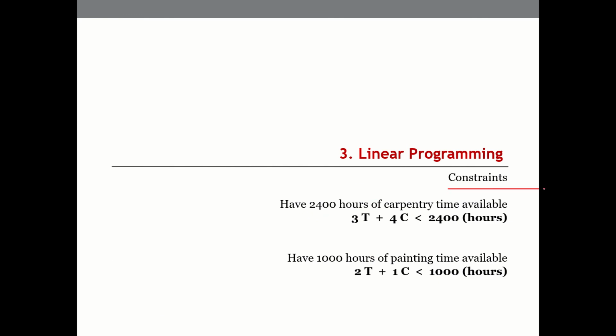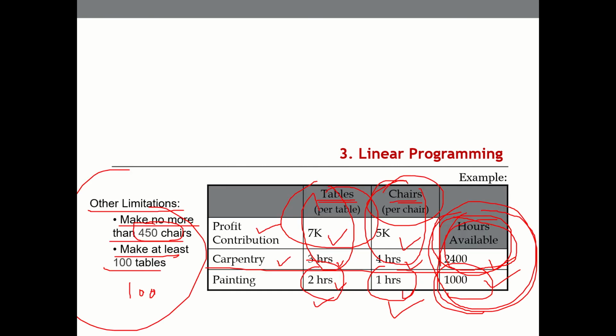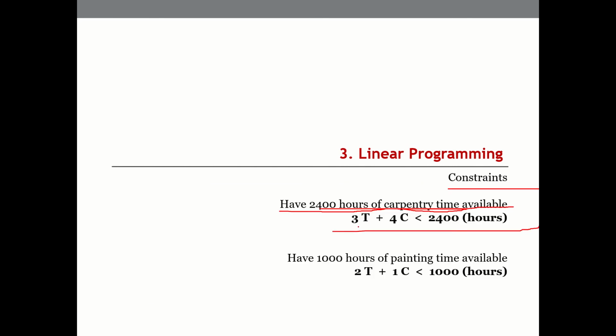What is the first one? We have 2,400 hours of carpentry time available. The equation in this case is 3 hours for a table plus 4 hours for a chair, less than or equal to 2,400.